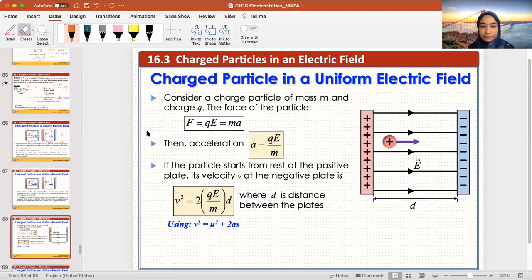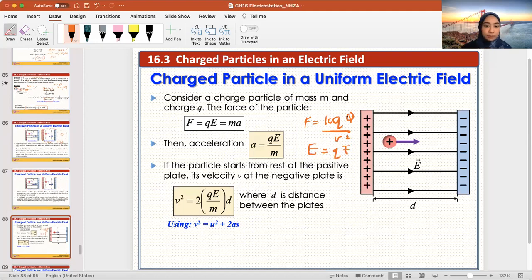And then we know that F equals qE. We talked about this in the first subtopic, where E is kQ over r squared.